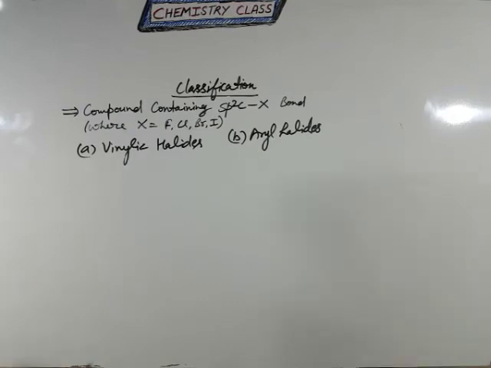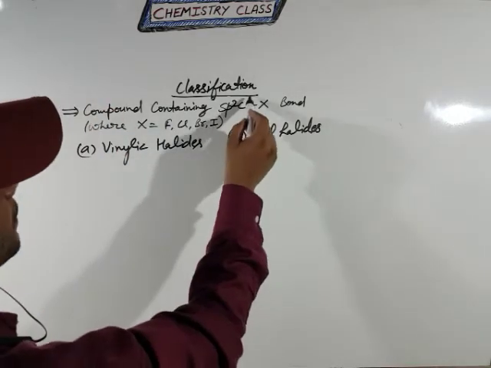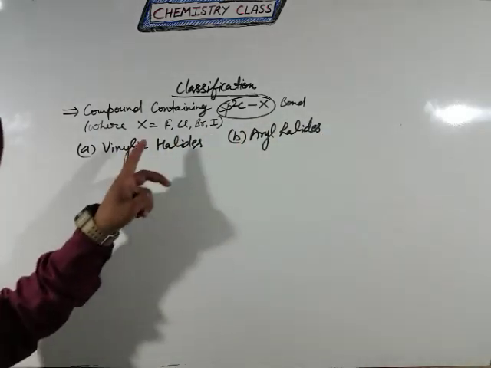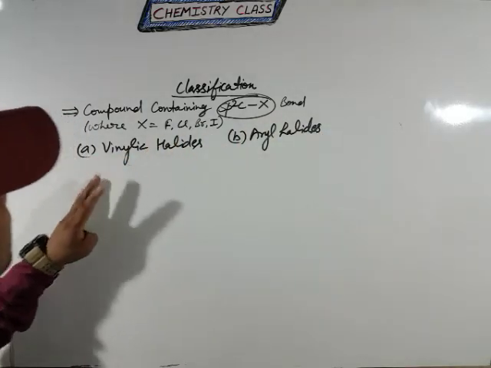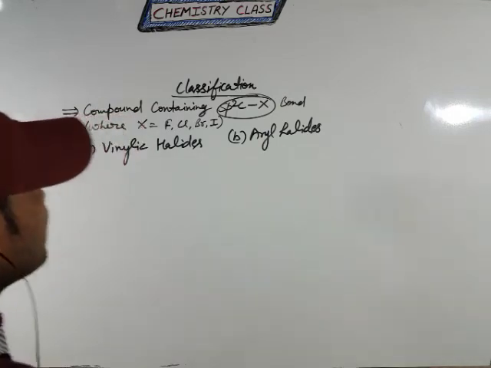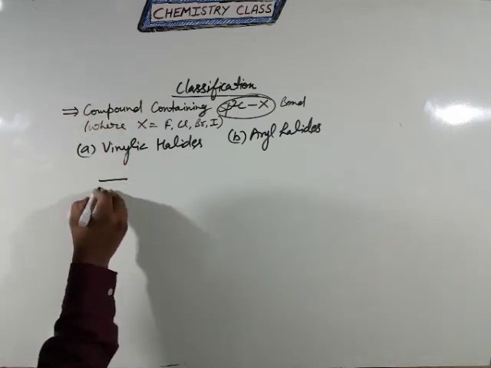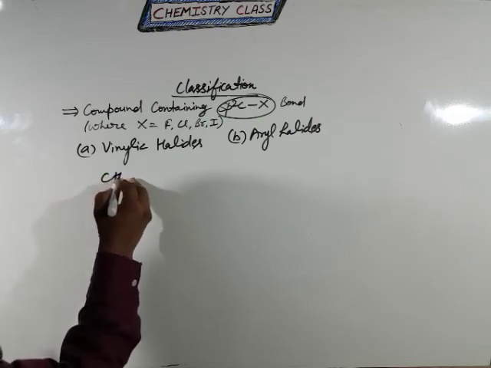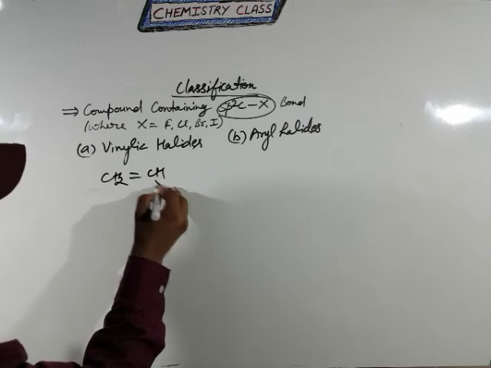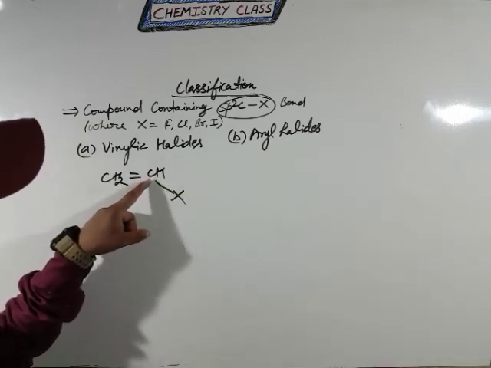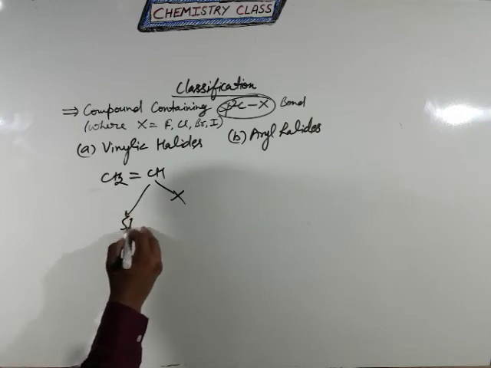Now come to the compounds containing the sp2 C-X bond, where X means F, Cl, Br and I. First we discuss vinylic halides, then go for aryl halides. So students, if the parent carbon atom has a double bond like CH2=CH and has a halogen on the parent carbon atom, but the hybridization should be sp2.